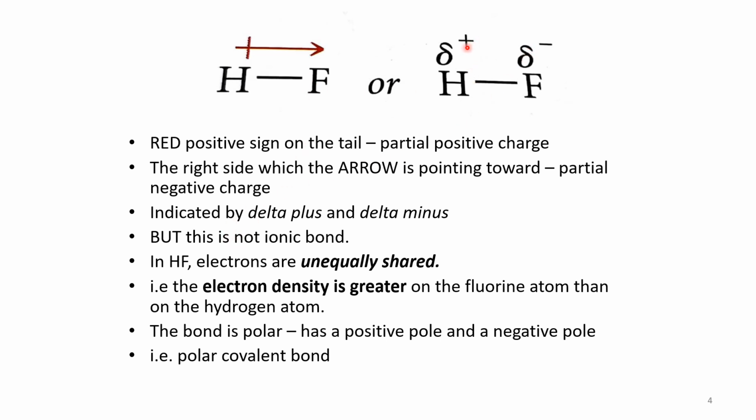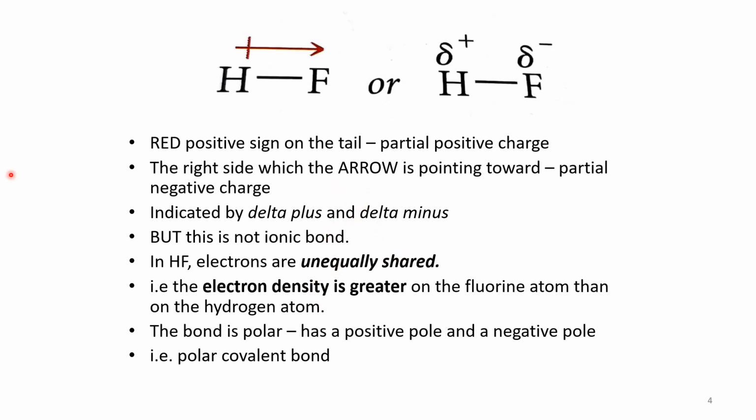Tetapi walaupun dia nampak macam ada positif dengan negatif, but this is not ionic bond. In hydrogen fluoride, electrons are unequally shared where the electron density is greater on the fluorine atom than on the hydrogen atom. Jadi kita tahu electron density greater tadi tu yang sebelah yang besar.